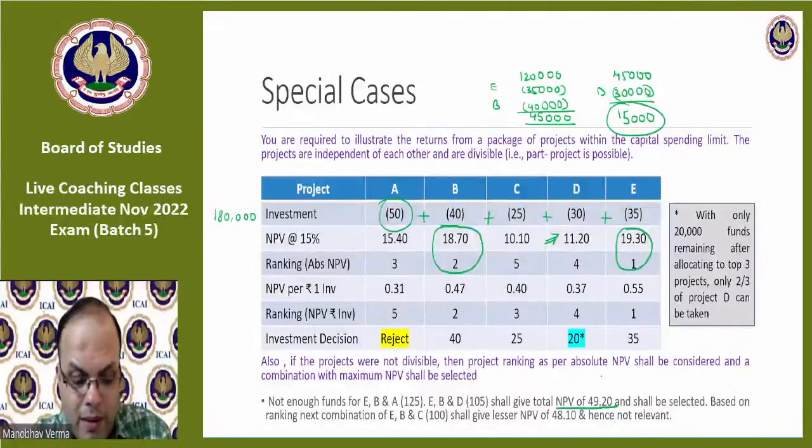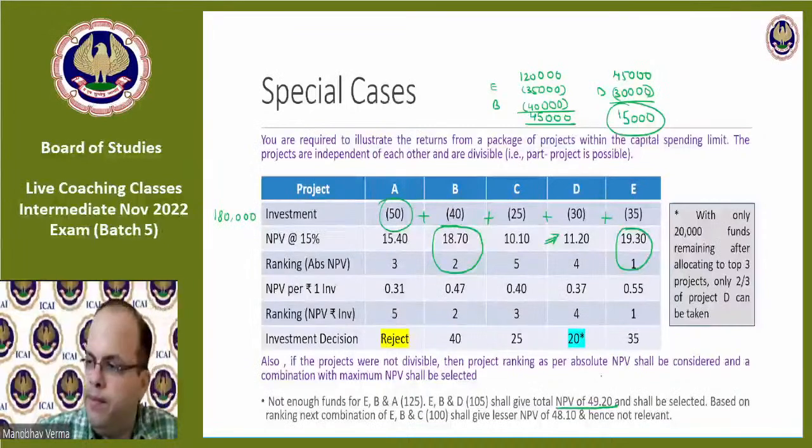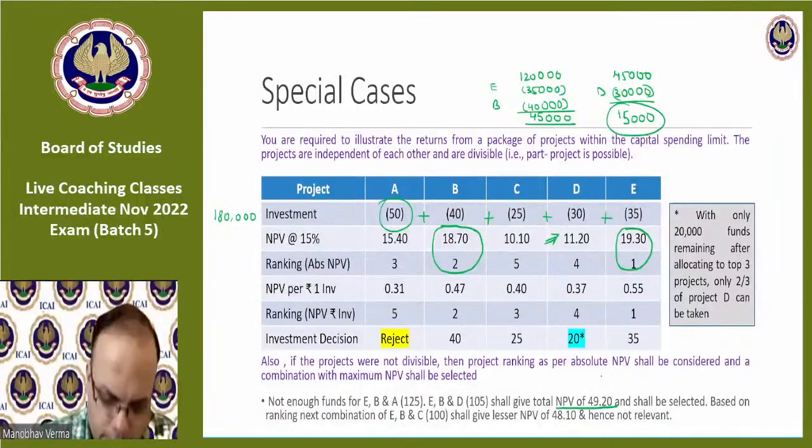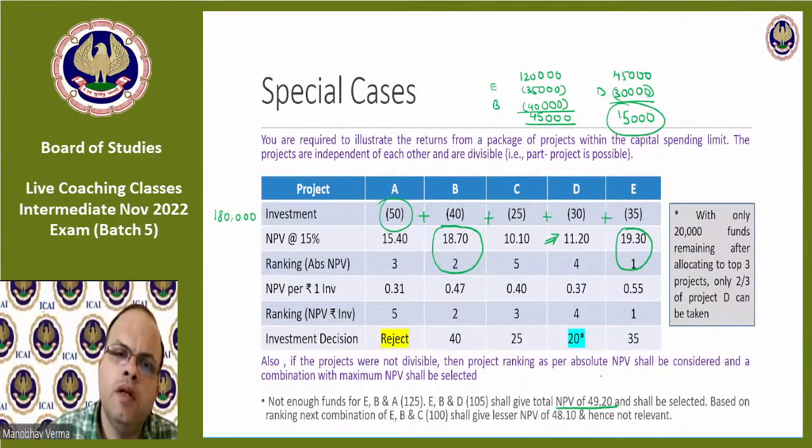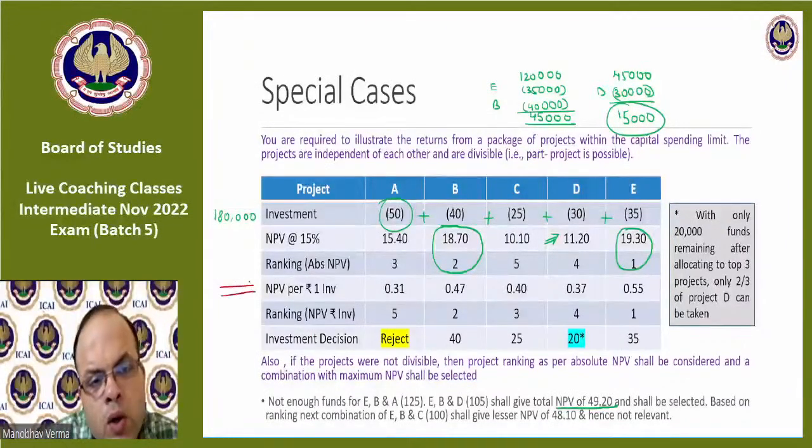Within the same example, let's assume that projects are divisible. So guys, if the projects are divisible here, how would I rank? Would I rank based on the absolute NPV? I don't think so. In that case, I will calculate NPV per rupee of investment, guys.